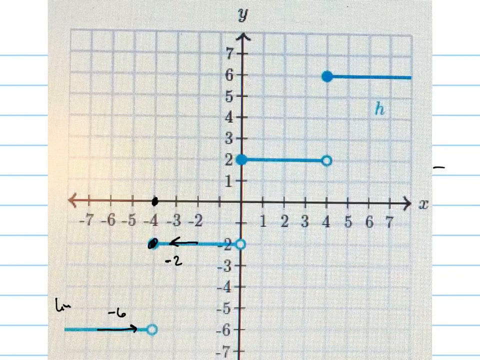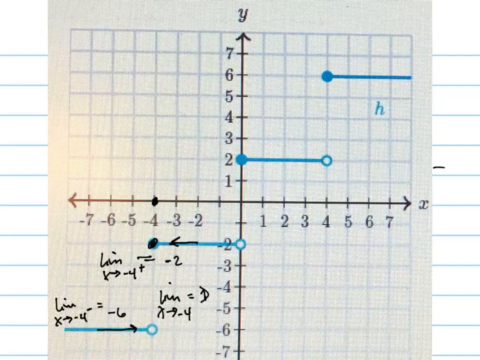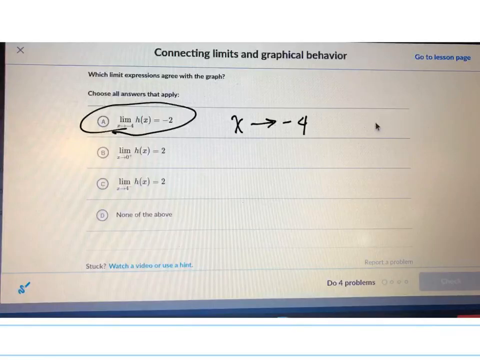So the limit as x goes to -4 from the left equals -6, and the limit as x goes to -4 from the right equals -2, and therefore the limit as x goes to -4 does not exist because it's different from the left and the right. So this is not true.